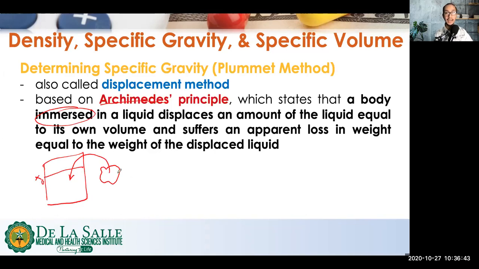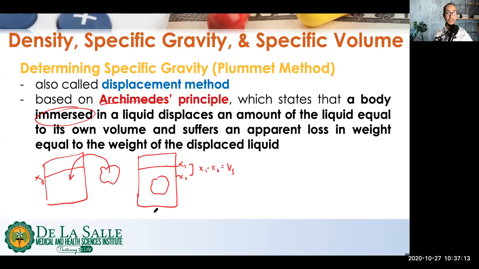Okay, now when I put the irregularly shaped material in the bath of the liquid, there will be a change in the volume measured, and let's call it x1. The volume difference between the two, x1 minus x0, is now the volume of our object.